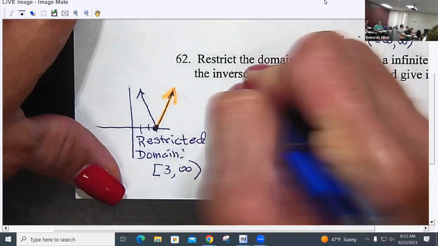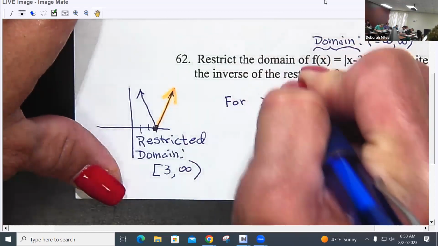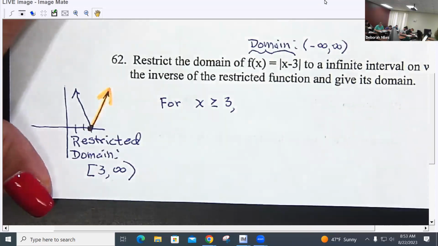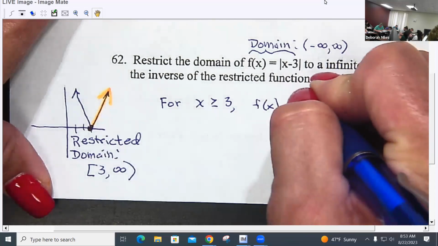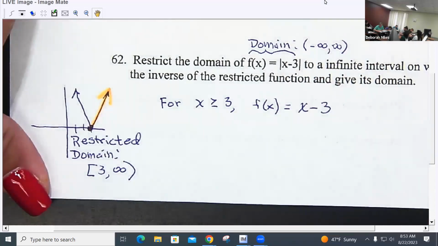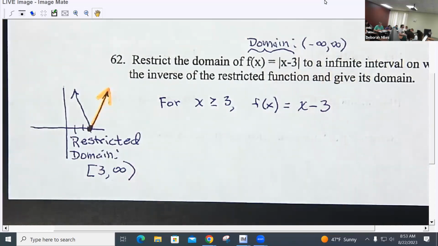So for x greater than or equal to 3, f of x is just x minus 3. So you get the same thing whether you have the absolute value or not.